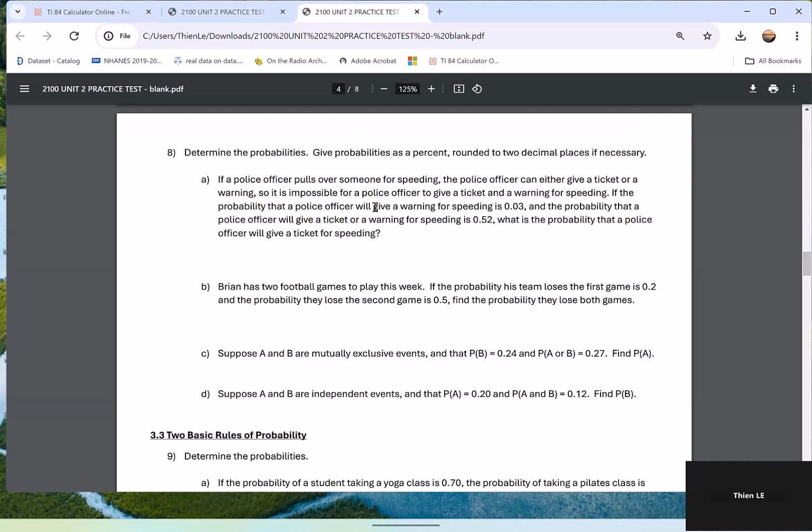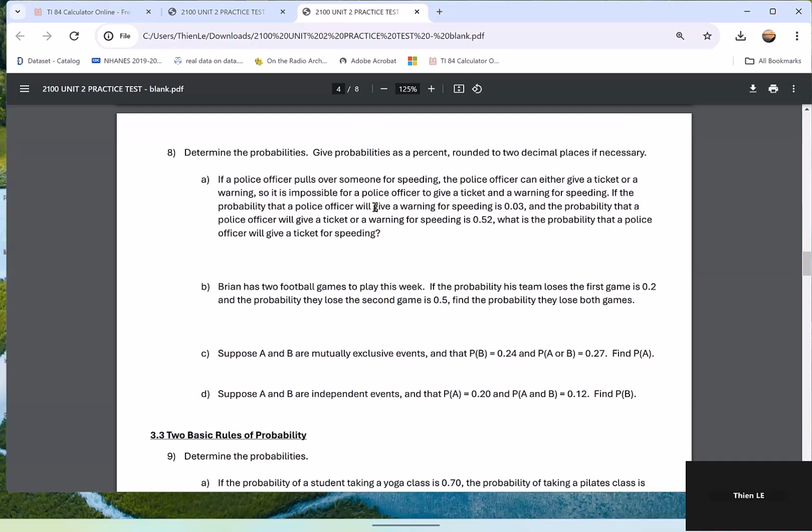So either way, they are mutually exclusive, right? The probability he gives a warning for speeding is 0.03, and the probability that he gives either a warning or a ticket is 0.52, I'm sorry.